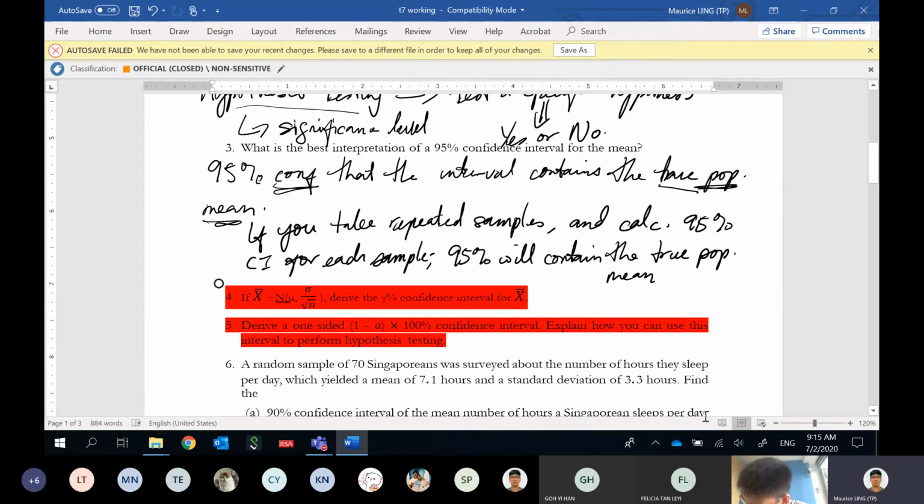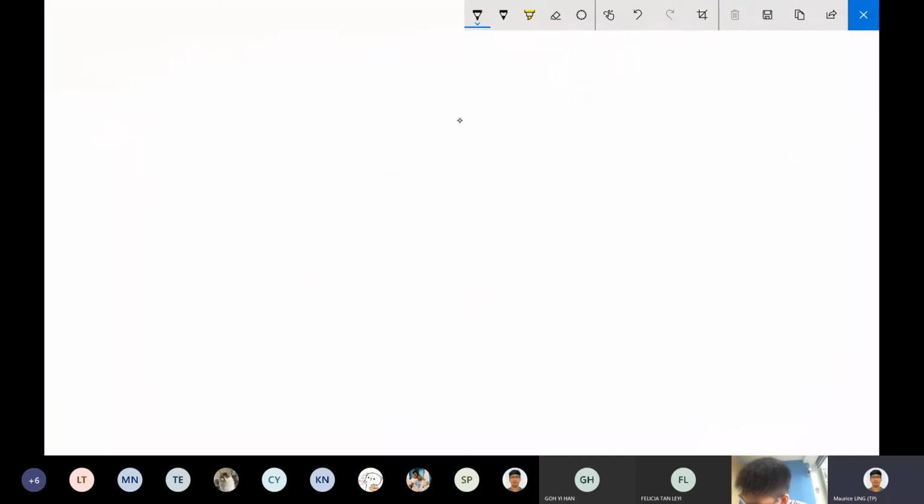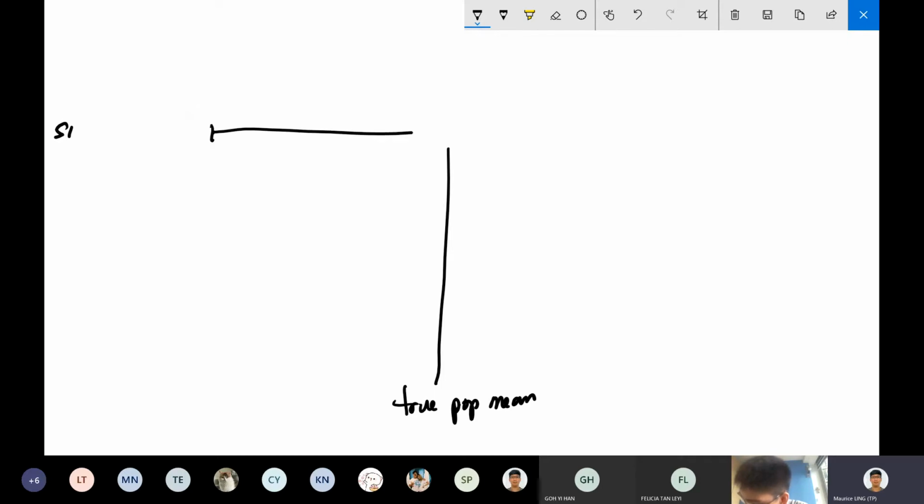What does this mean graphically? Let's say this is the true population mean, or any variable. Now, you can take one sample and construct a 95% confidence interval. Let's say this is from sample 1, and it comes to this range.